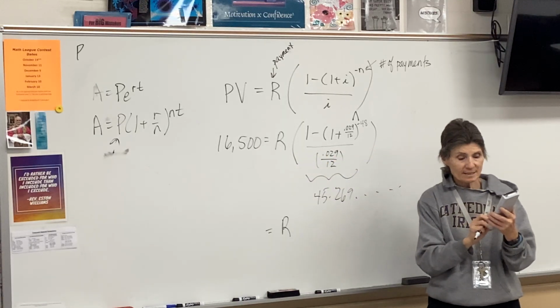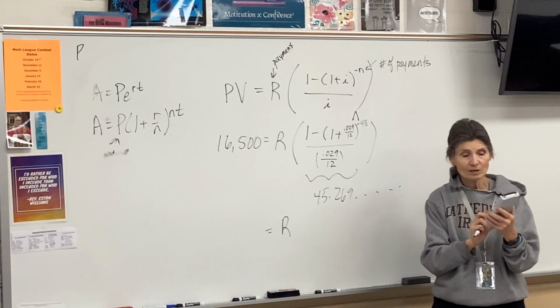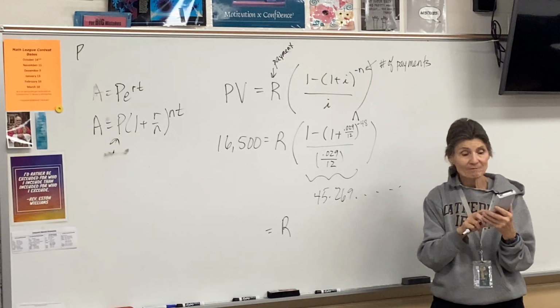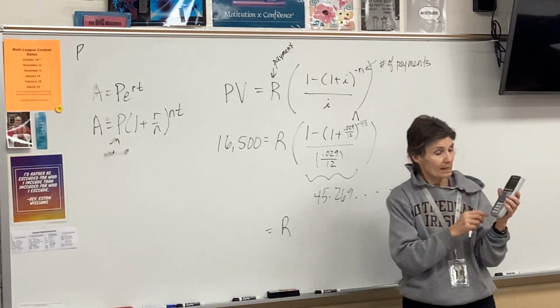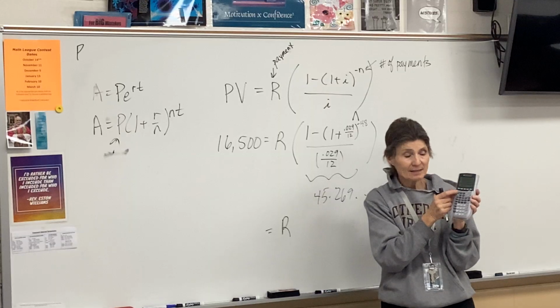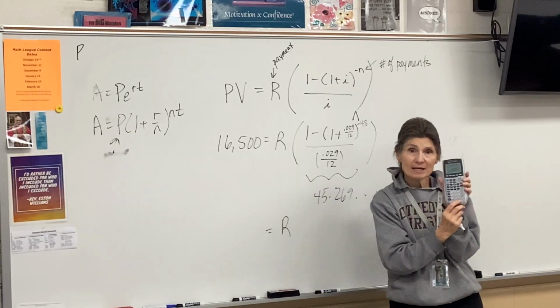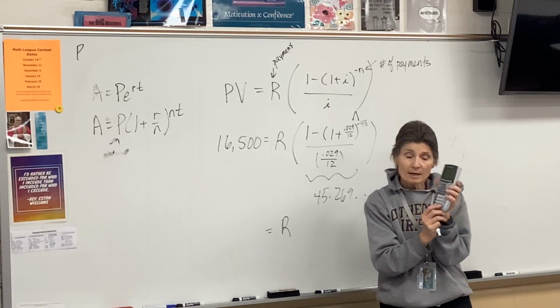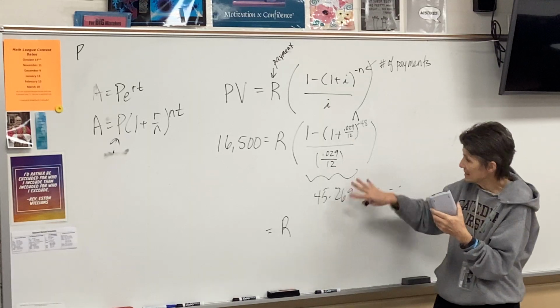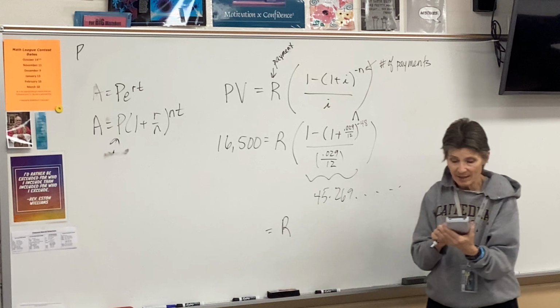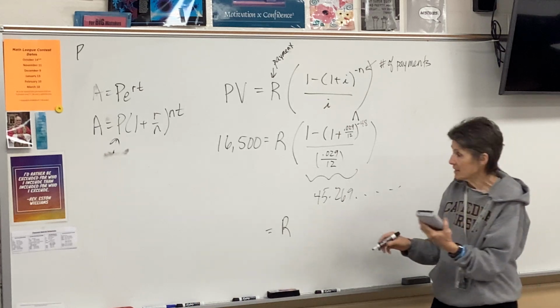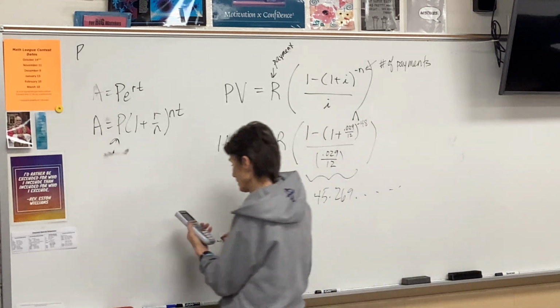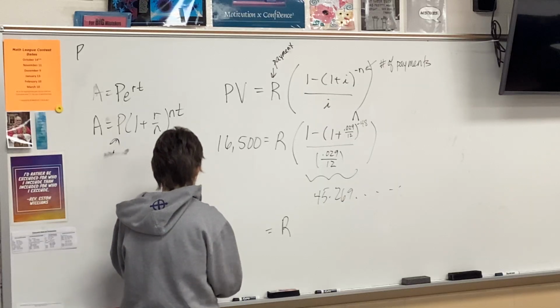So I'm going to press 16,500 divided by second answer. And the answer button is right above your negative sign. And that will pull this number down into that spot. And the answer is $364.49.